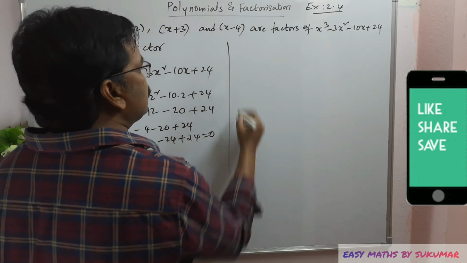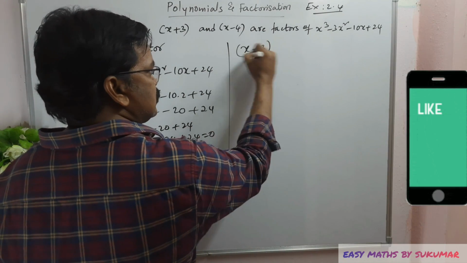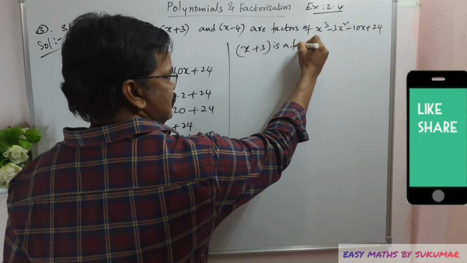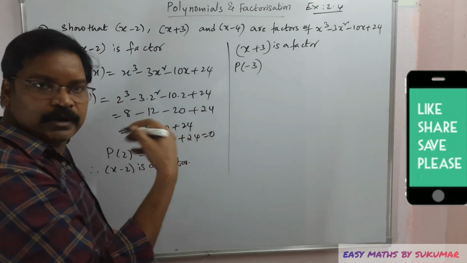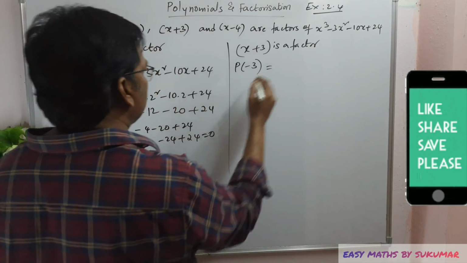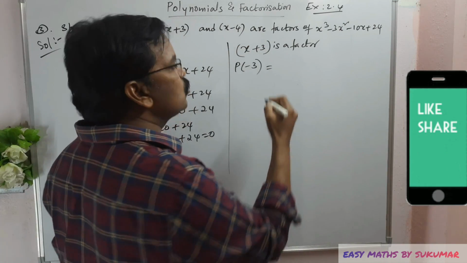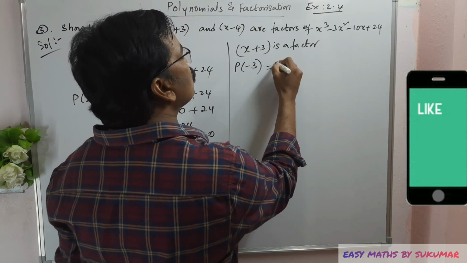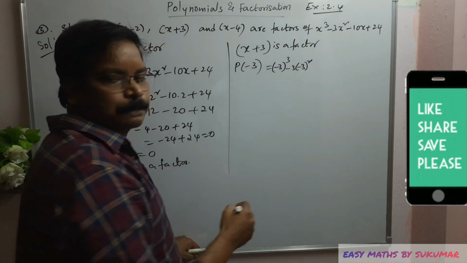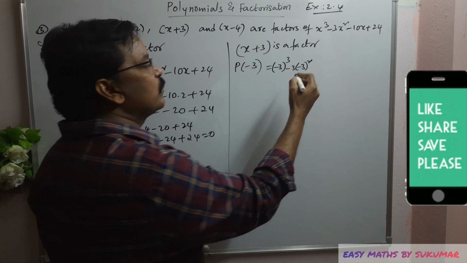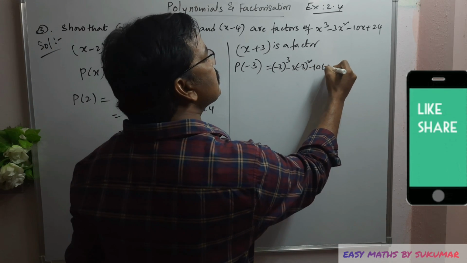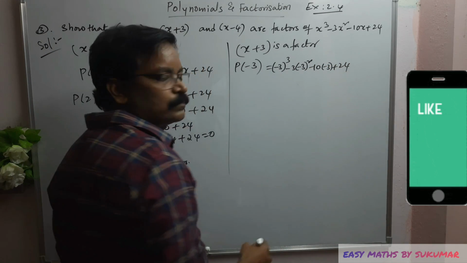Coming to x plus 3. x plus 3 is a factor means, my dear students, P of minus 3 should be equal to 0. Let us verify now. Substitute minus 3 in the given polynomial: minus 3 whole cube minus 3 into minus 3 whole square minus 10 into minus 3 plus 24.